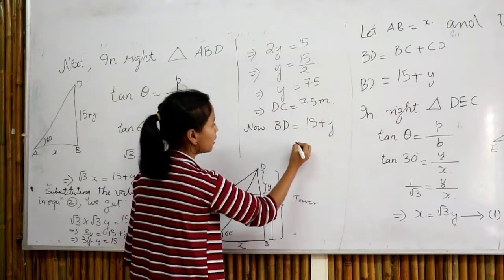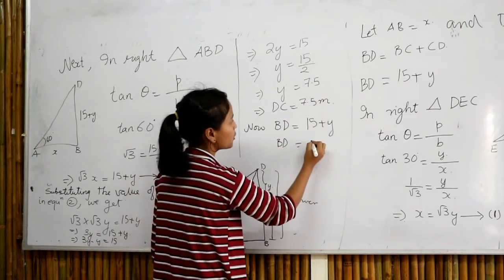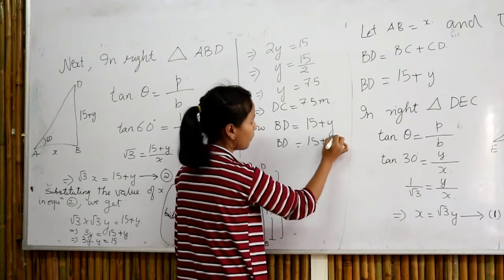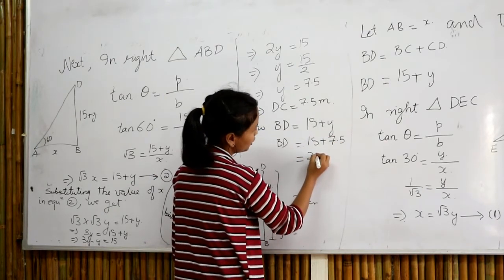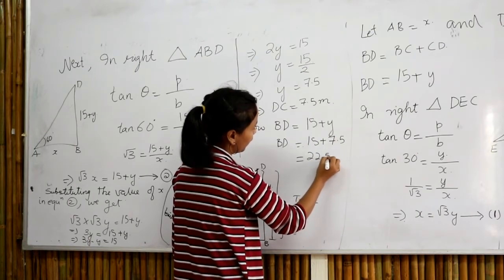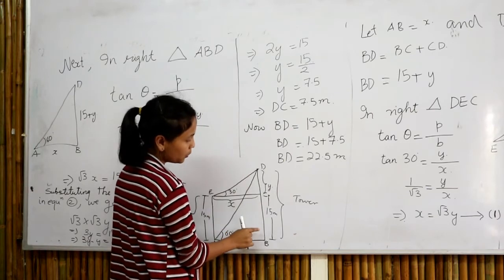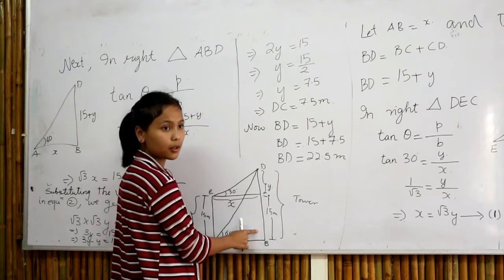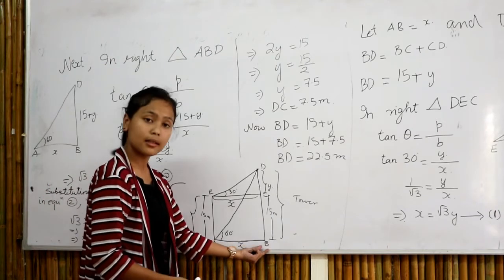Y is 7.5. So, BD is equal to 15 plus 7.5. So, you will get 22.5 meter. So, the height of the tower is 22.5 meter.